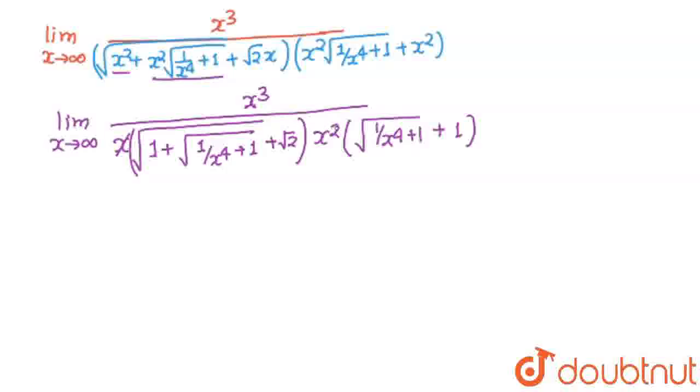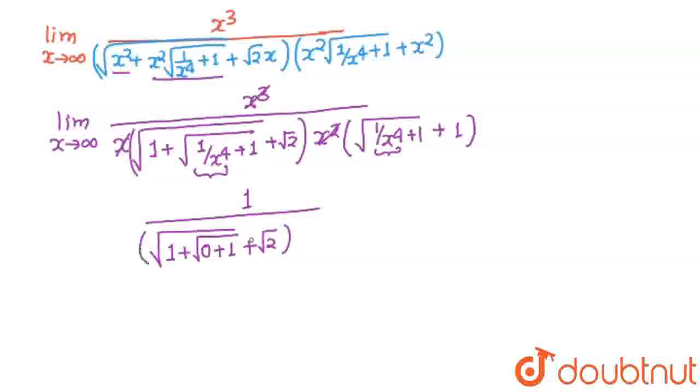So this x square will become x cube and this will cancel with x cube. Now as x tends to infinity, this 1 upon infinity will be 0, this 1 upon infinity will be 0. So this will be 1 upon square root 1 plus square root 0 plus 1 plus square root 2 into square root 1 plus 1.